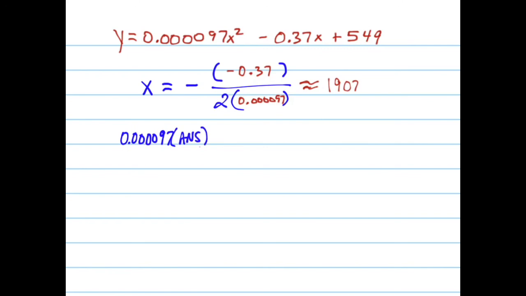Everybody see where the answer button is on the calculator? Hit second, negative. But you forgot a 7. And do you need parentheses? You don't put the answer in parentheses and then square. Then minus 0.37, then the answer button again, and then plus 549.